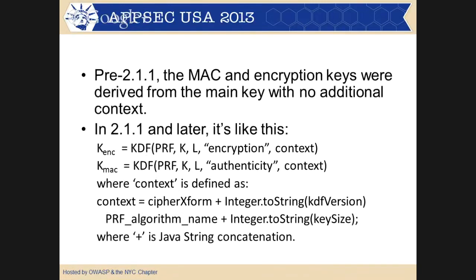Prior to 2.1.1, the MAC and the encryption keys were derived from a main key, and there was no additional context added. Basically, this uses a key derivation function that takes inputs that look like this, but in this particular case, the context is empty prior to 2.1.1.